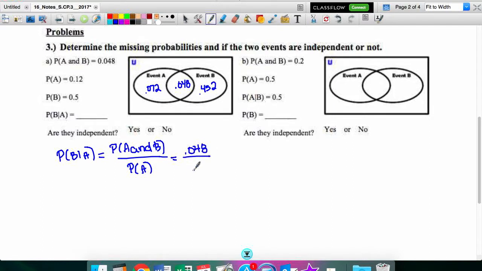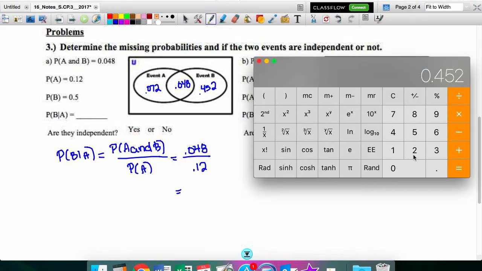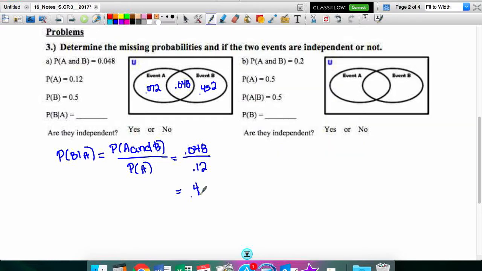Divide by the probability of A, which is also given, 0.12. If I use my calculator to calculate these, 0.048 divided by 0.12, I'll get my conditional probability and get 0.4.